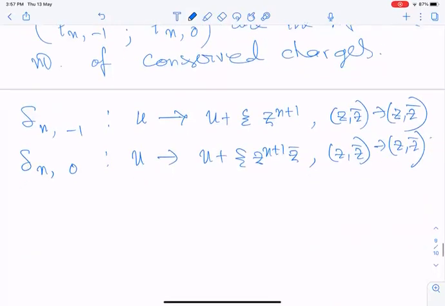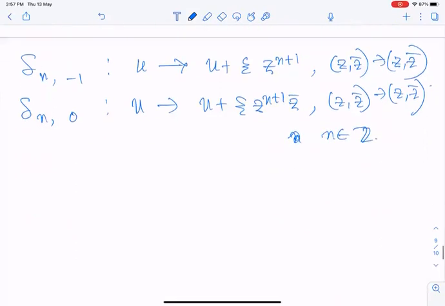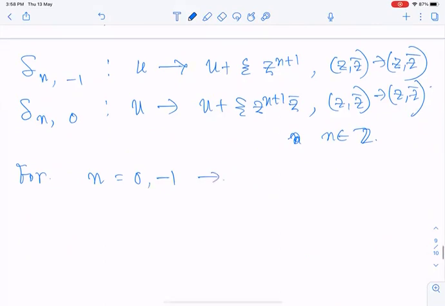Now you can see that these are essentially the supertranslations, where n belongs to the integers. The point is that for n equals 0 and minus 1, these are the global space-time translations.